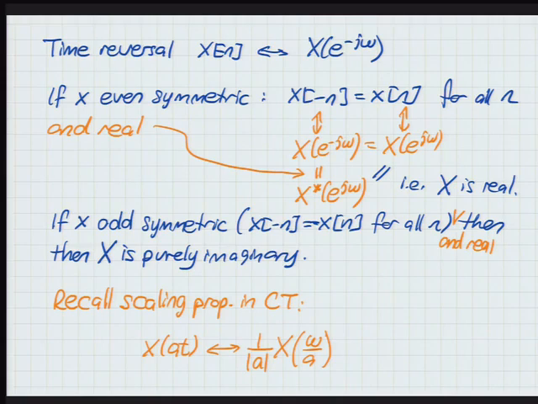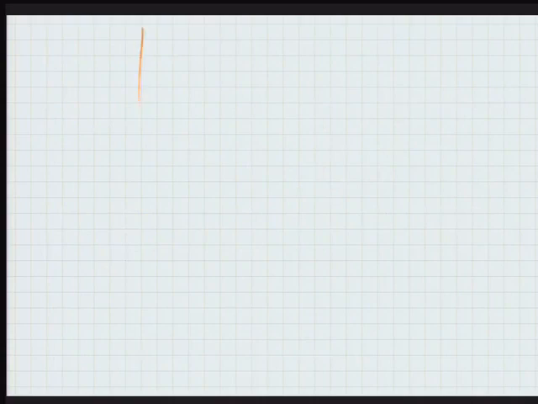So how can I take a signal like this, this is time equal to 1, time equal to 2, maybe something like this, negative 1. I can't possibly compress this. Where am I going to move this guy at 1? I can't move it to 1/2. That's not defined.